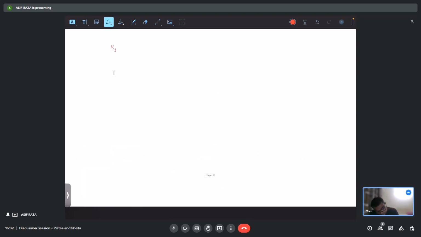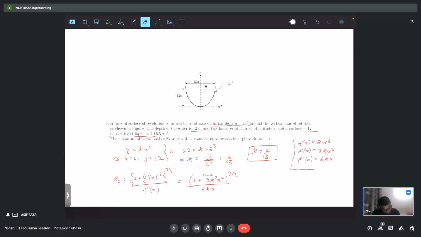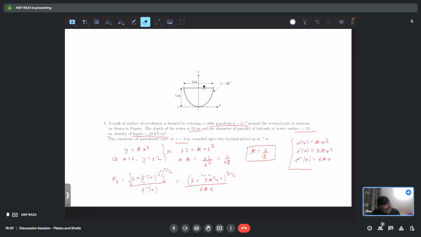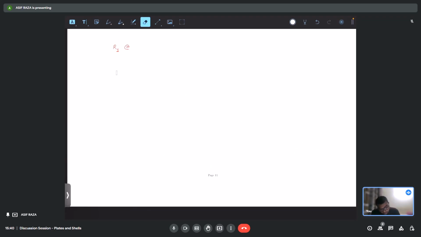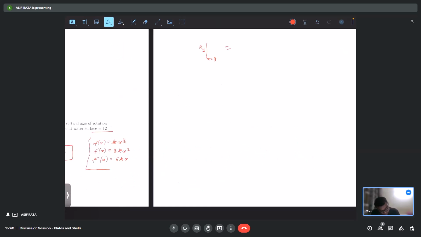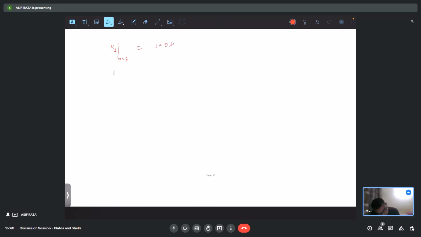So at the point where x is equal to 3 meter, r1 would be (1 plus 9k square 3 to the power 4) to the power 3 by 2, divided by 6k times 3.